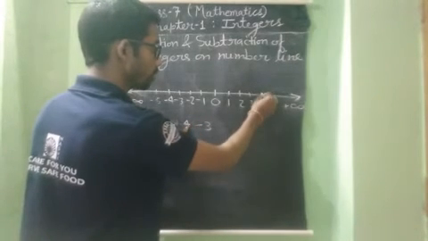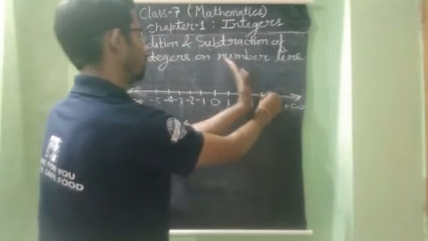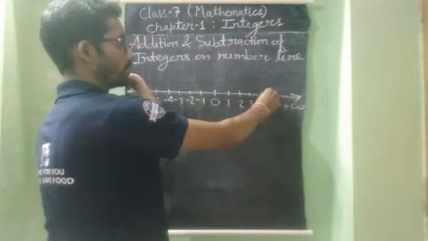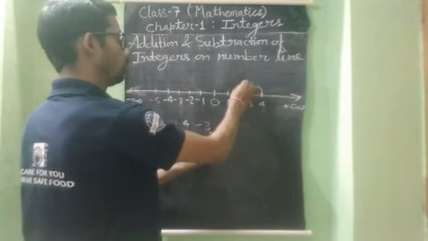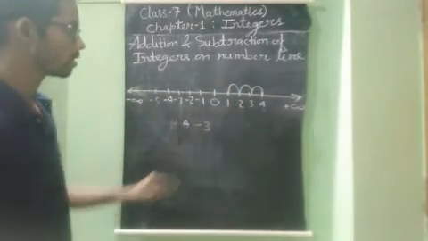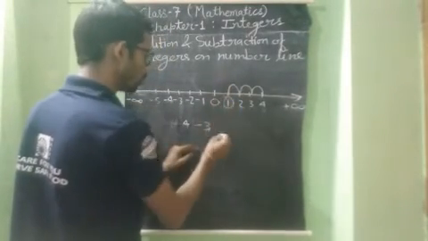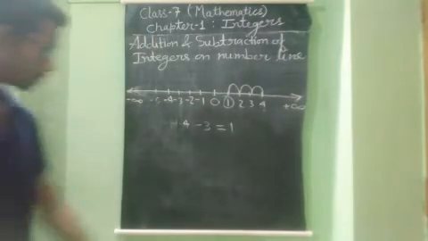Negative direction is left direction or left side. So 1, 2, 3. 4 minus 3 is what? 1. So answer is 1.